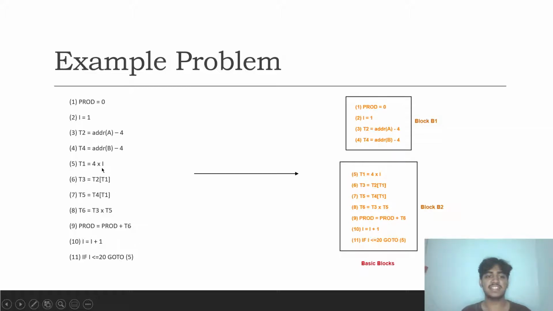The second rule for a leader statement is that the statement you are going to via flow control is the leader. So in that sense, we have two blocks right here, namely 1 to 4 and then 5 to 11. Why 5 to 11? Because we are being directed to statement number 5 by statement 11. We'll form basic blocks, block B1 and block B2, as we can see in the diagram on our right.